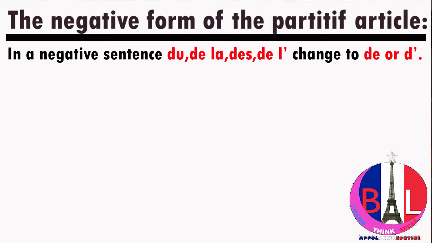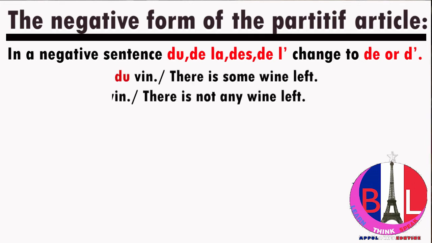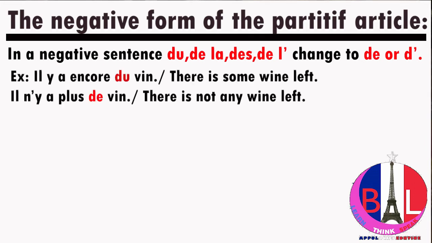Okay, let us give some examples. First example here is il y a encore du vin. There is some wine left. Then in a negative form, it will change to il n'y a plus de vin.